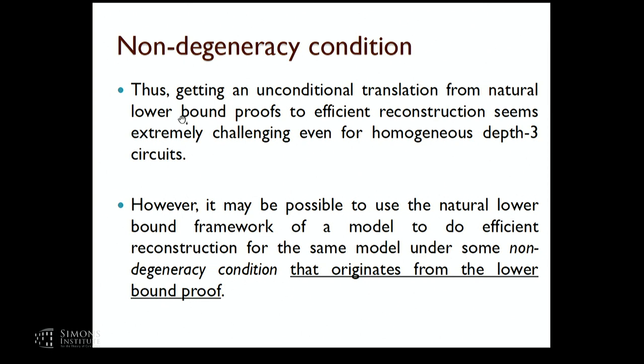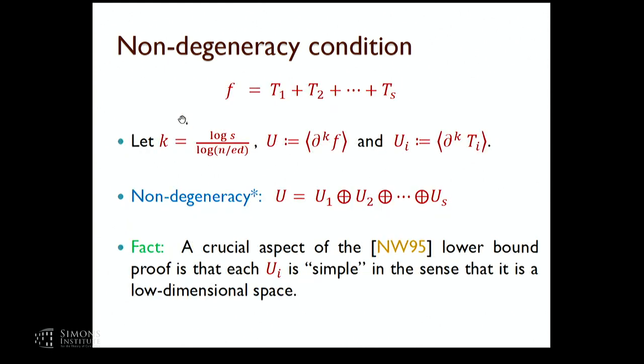The non-degeneracy condition also arises from the natural proof lower bound, and let me illustrate this point using our non-degeneracy condition. For homogeneous depth-3 circuits, in the natural lower bound by Nisan and Wigderson, one crucial aspect was that each U_i is simple, in the sense that it's a low dimensional space.